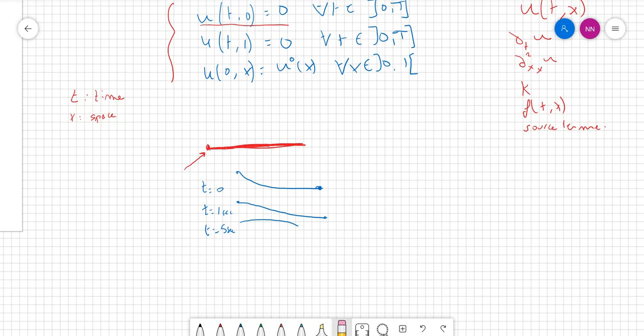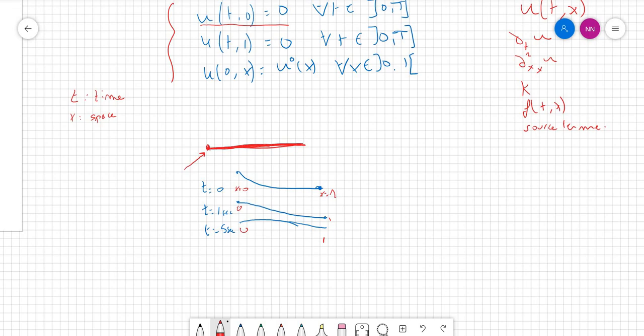So what we have here is that at each time step we have a function that varies in x. Here it's for x equals 0, and here for x equals the final point, 1. And at each time step we have this function that varies in x. So this is how we want to read the equation.